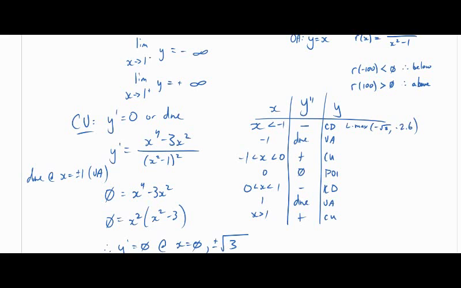Yeah, that's right. I got a POI, I already know that one. That's 0, 0. And I have my other critical value, which is positive square root of 3. So that's in this last interval, which is concave up, which looks like this. So that's a local min. And I believe that's positive 2.6.